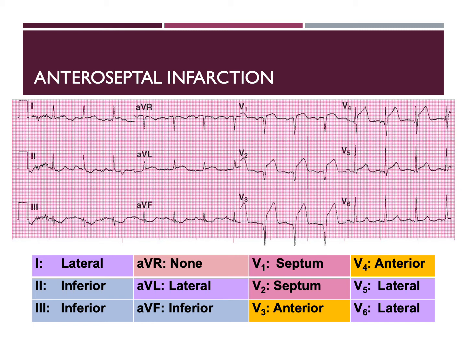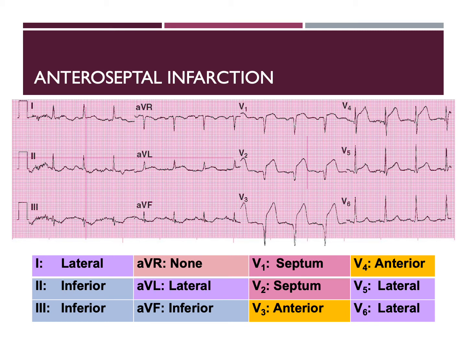Leads V3 and V4 face the anterior wall of the left ventricle. ECG changes of infarction will be visible in V1, V2, V3, and V4 if the entire anterior wall is involved.